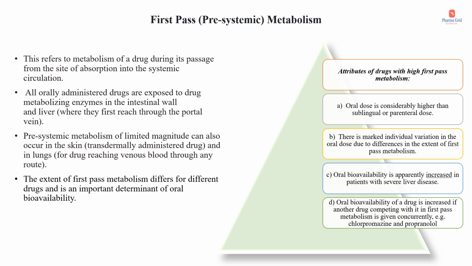Next, there is marked individual variation in the oral dose due to differences in the extent of first pass metabolism. The third point is that oral bioavailability is apparently increased in patients with severe liver disease. And the fourth one is that oral bioavailability of a drug is increased if another drug competing with it in first pass metabolism is given concurrently. For example, chlorpromazine and propranolol.